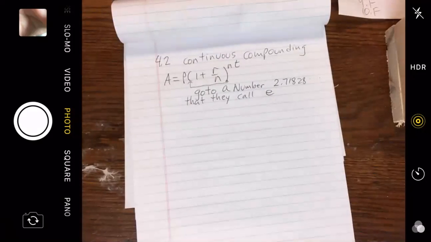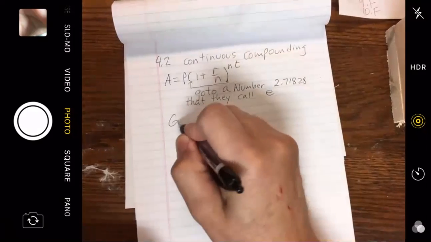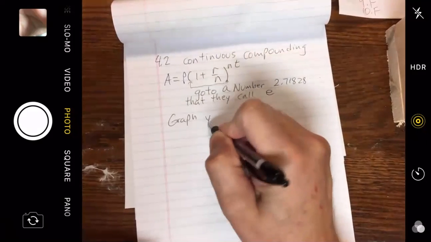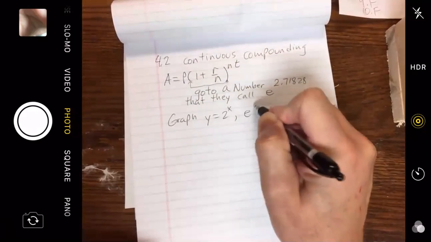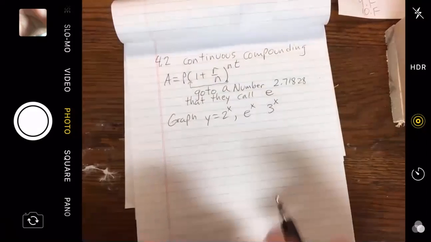But it's no real different than using 2 to the x or 3 to the x. In fact, if you graph 2 to the x, then e to the x, and then 3 to the x, this is like taking 2.71 blah, blah, blah to the x.